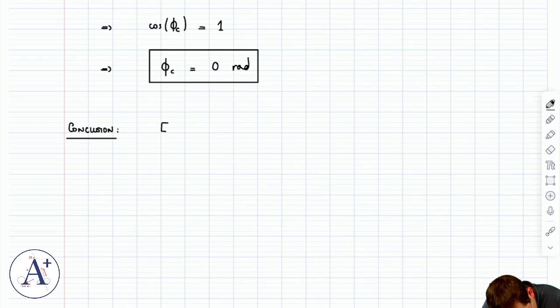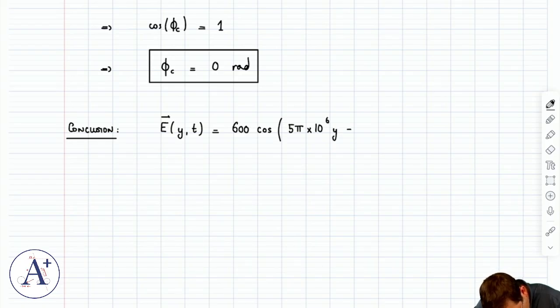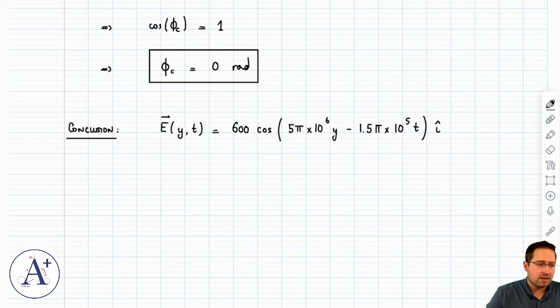The conclusion is that E, as a function of y and t, is equal to E max, which is 600 volt per meter, cosine k is 5 pi times 10 to the 6 y minus omega 1.5 pi 10 to the 15 t plus phi sub c, which is 0, I hat. Okay?